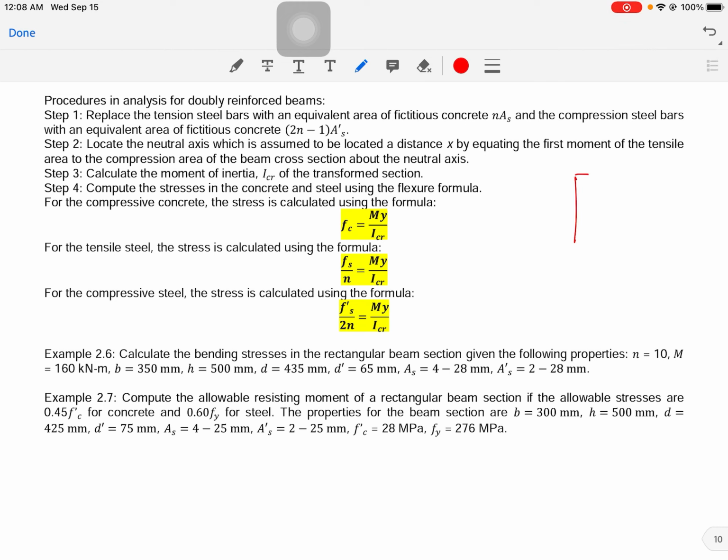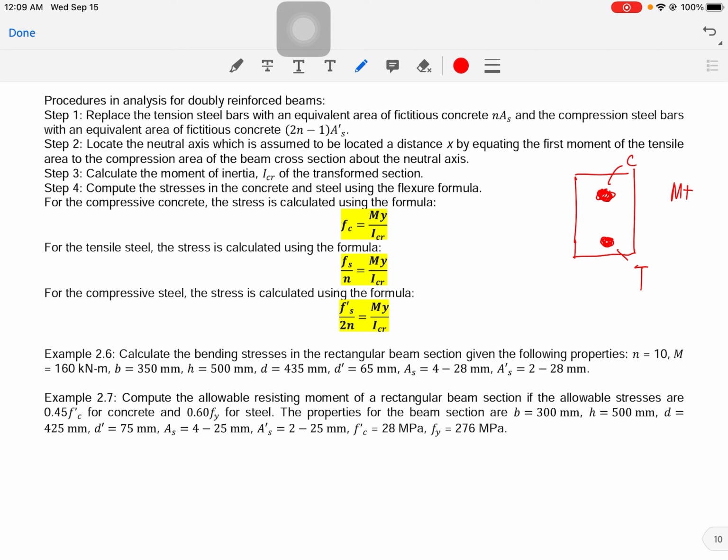We have a beam here, then we have this compression part, and we have this tensile steel. Say, for example, we consider positive moment, so this part here will be compression and this part here will be tension.